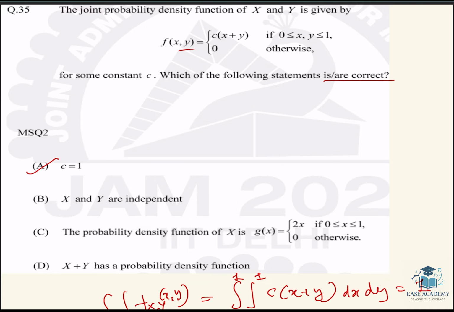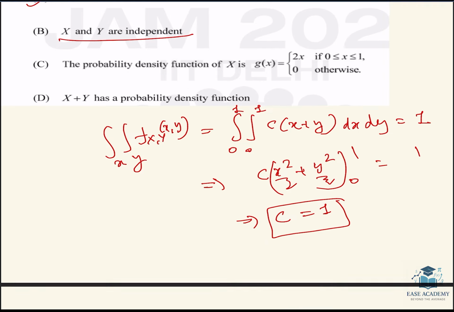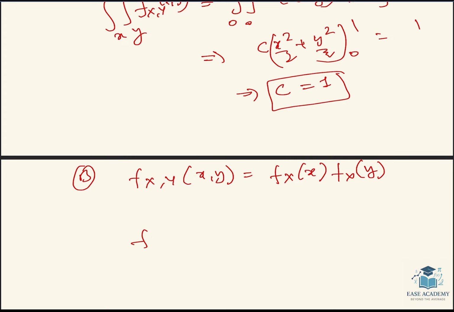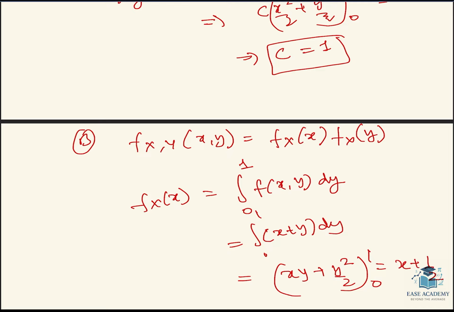We have to find the correct options. Now, in order to find whether x and y are independent, we have to check if the joint density function of x and y is equal to the marginal of x times the marginal of y. So in order to find the marginal of x, we have to integrate the joint density function with respect to y. The range is from 0 to 1, c is 1, (x plus y) dy from 0 to 1, that is xy plus y square by 2, from 0 to 1 we get x plus half.